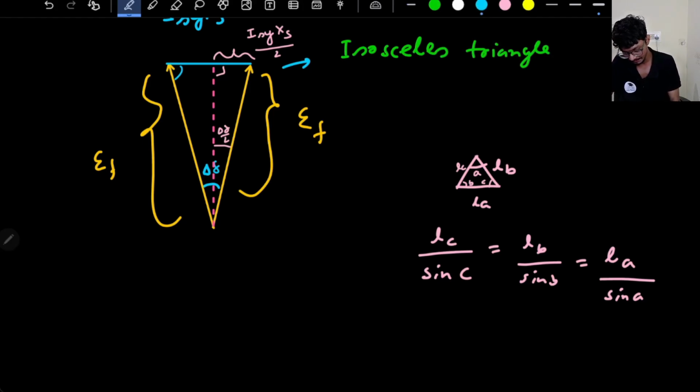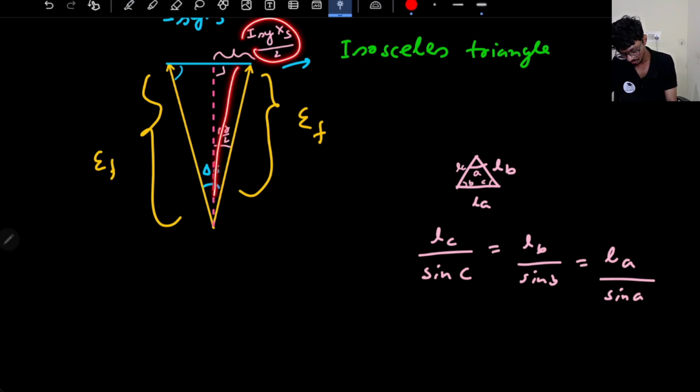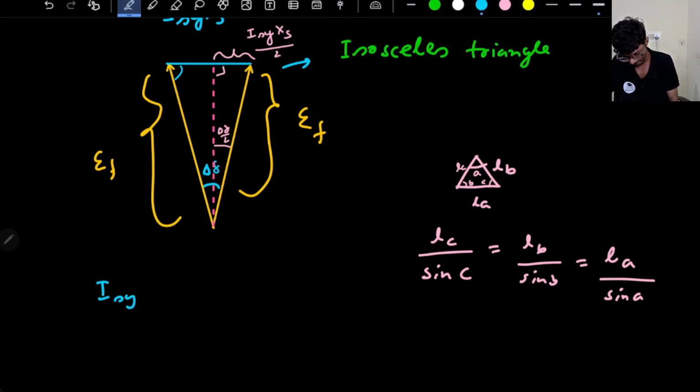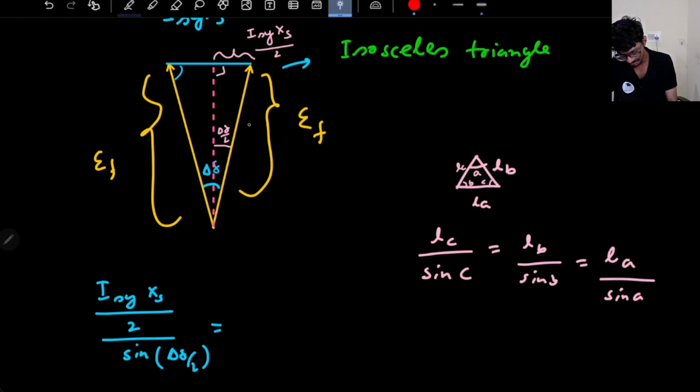So what I can write over here is this over this: ISY into XS divided by 2, divided by the sine of this angle, sine of delta by 2, is equal to EF divided by sine of 90. What is sine 90?